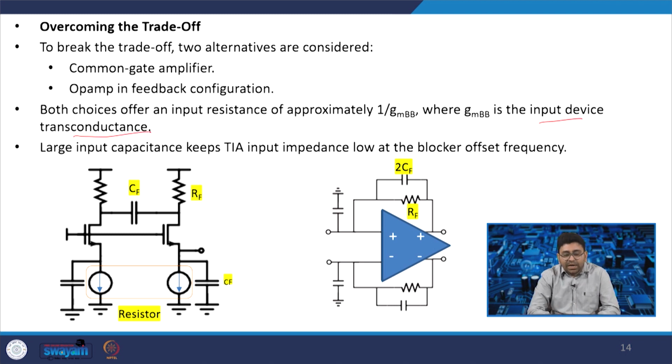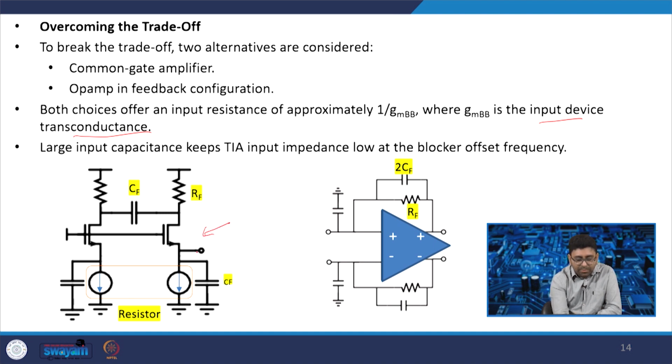The large input capacitance keeps the TIA input impedance low, at the blocker offset frequency. So, this is one of the configurations, which is a common gate.